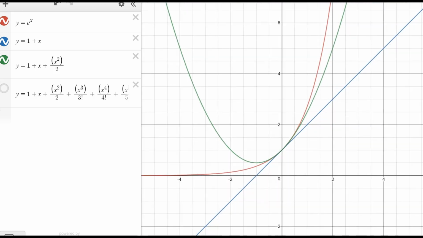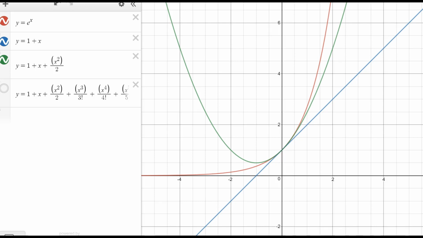I want you to notice something else too. Look right here. I hope you can see my cursor. You'll notice that the center, so to speak, of how closely the approximating polynomials hug y equals e to the x is, of course, centered at the point of tangency, which is right here, x equals 0.